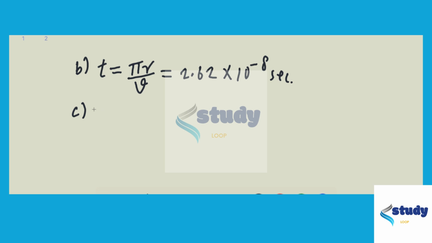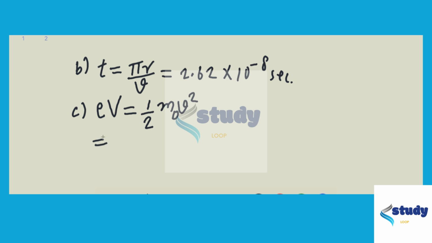So to do that, we're going to apply a potential difference, which is going to create the energy eV, and all the potential energy is going to be converted into kinetic energy. Okay, so the potential energy created by the electric field has to be equal to the kinetic energy.